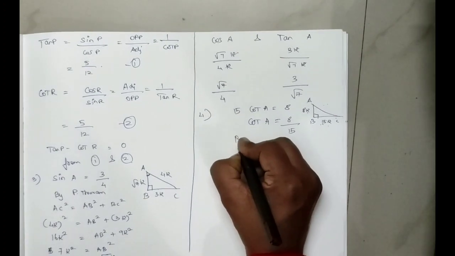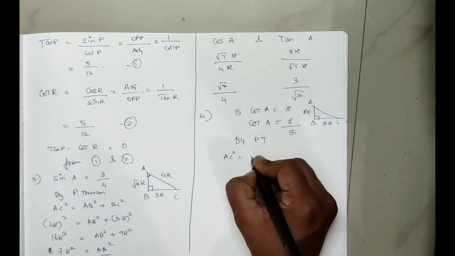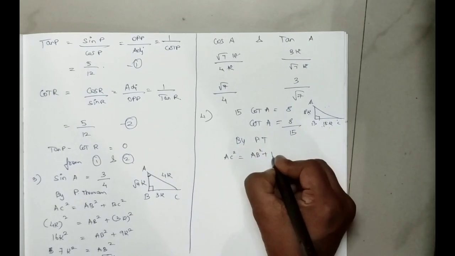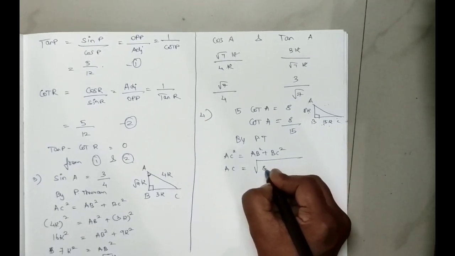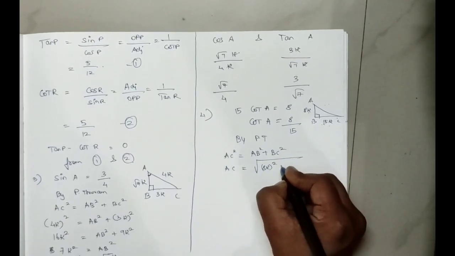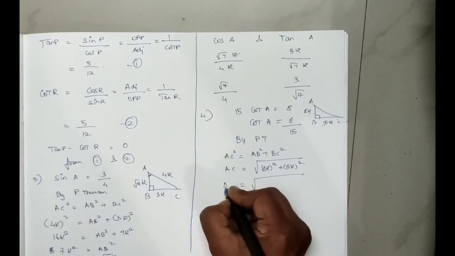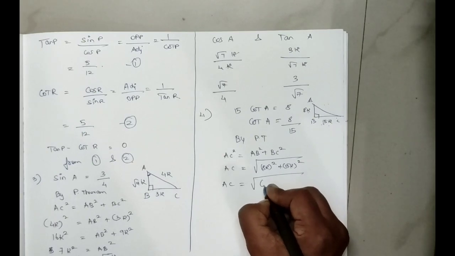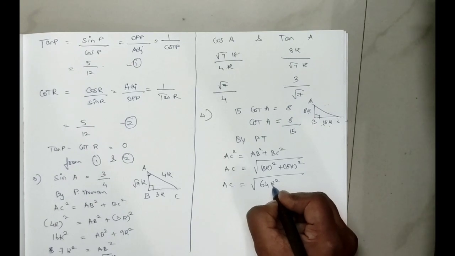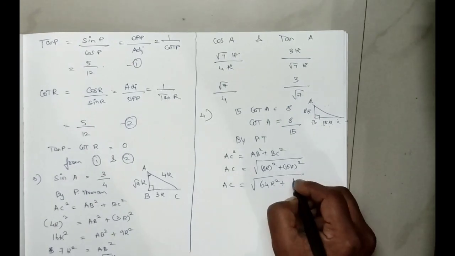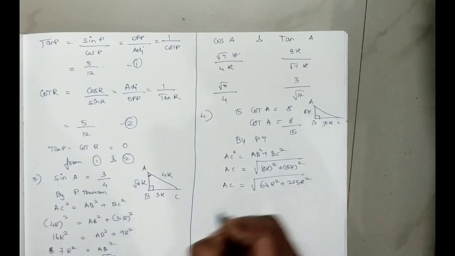So now by Pythagoras theorem, AC square will be equal to AB square plus BC square. So AC is equal to root of 8k the whole square plus 15k the whole square, which is equal to, this is going to be 8 into 8, which is 64k square. Again, we do not know this integer k, and so we are keeping it as k square only. 15 into 15 will be 225k square.